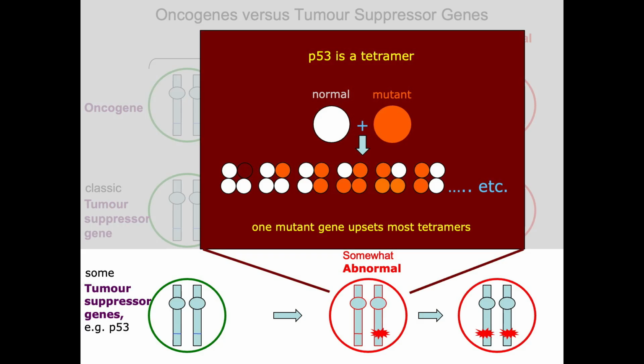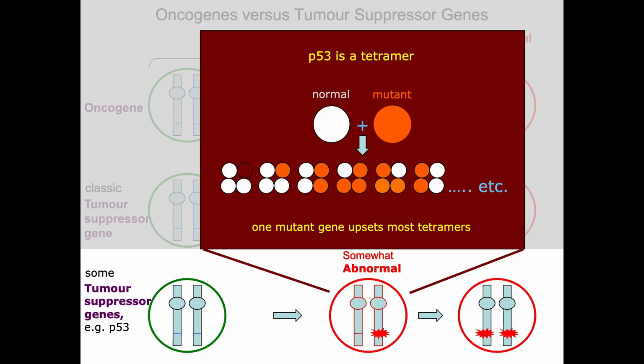The p53 gene encodes a tetrameric protein. And as this diagram shows, if you think about a tetramer, if one subunit of the tetramer is inactive, that may disable the whole tetramer, or at least make it work less well. Certainly if you disable 2 copies of the protein, then the tetramer probably is non-functional.